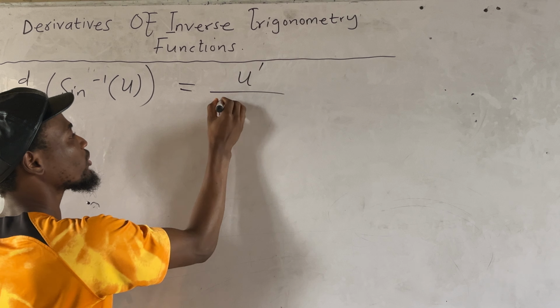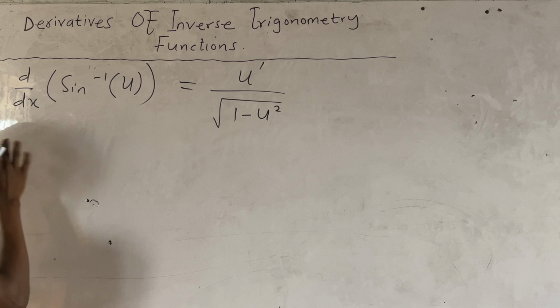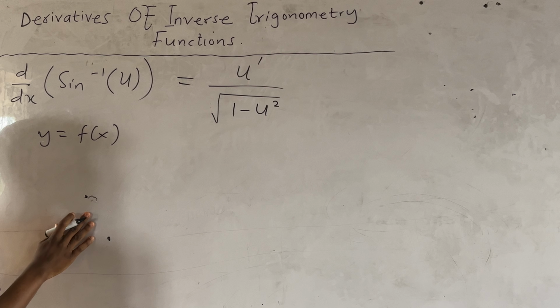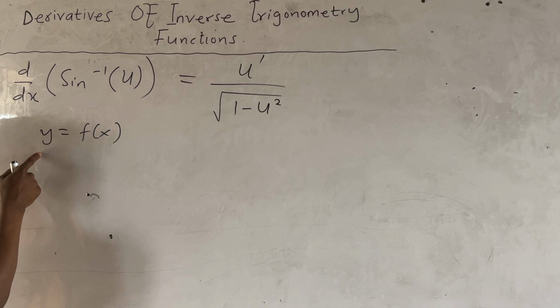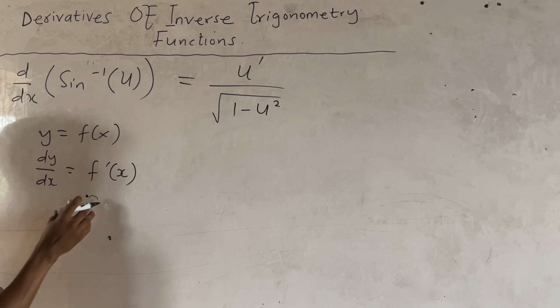And remember that when you have a function, say y is equal to f of x, when I find the derivative of y with respect to x, I have dy over dx is equal to f prime of x.